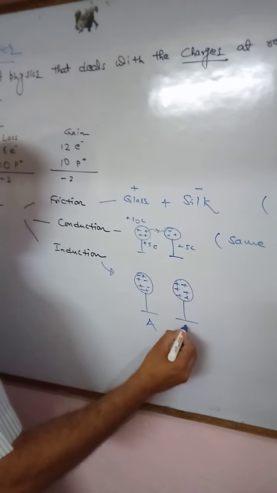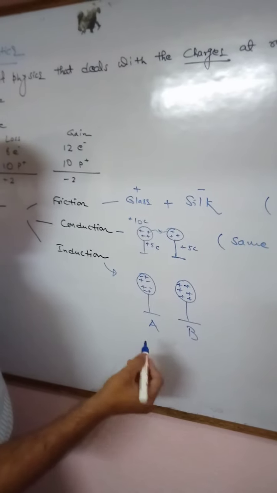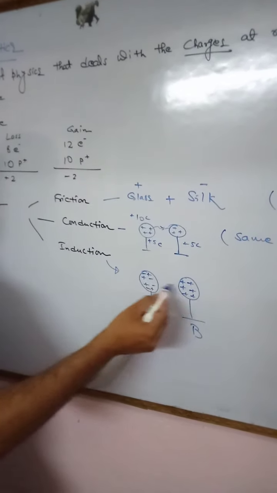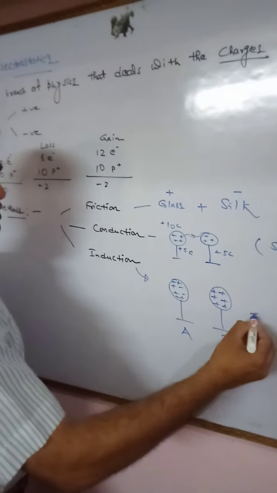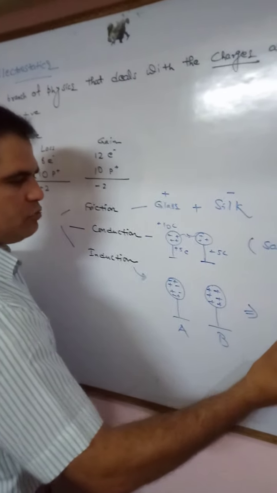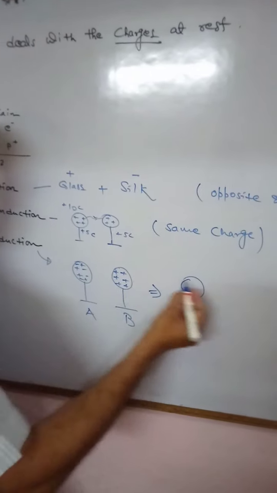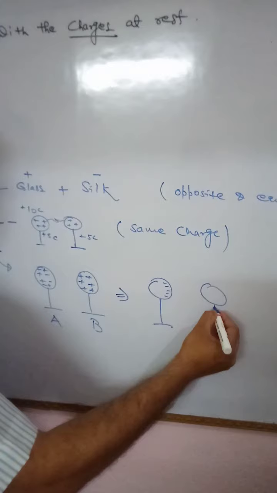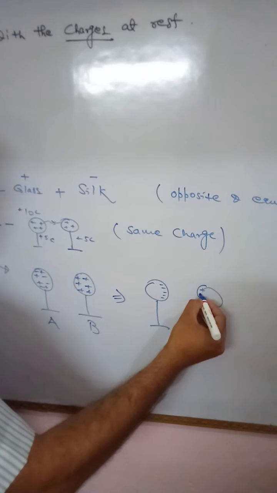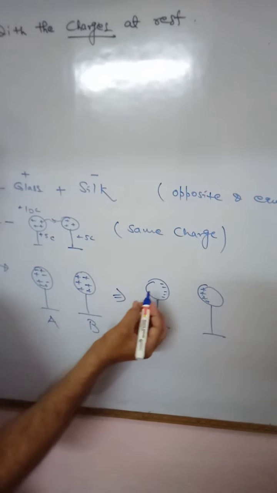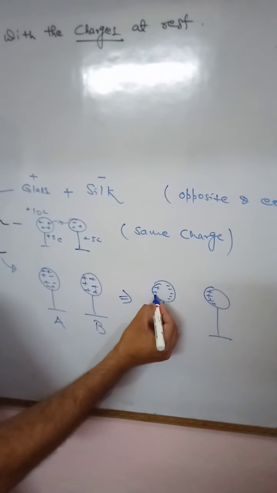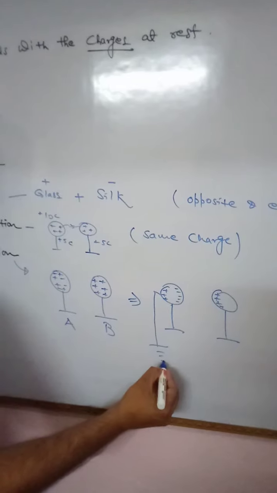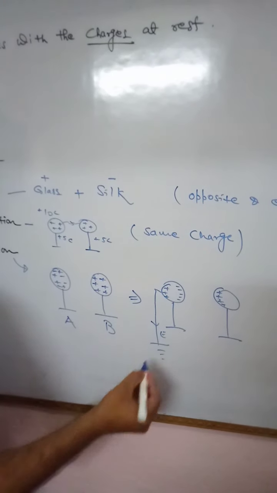Let us name these two balls A and B. After some time, the neutral body acquires negative charges all on one side, and the positive is being attracted by the negative. Now all this positive is on the other side. This positive is transferred to the earth by a process called earthing.